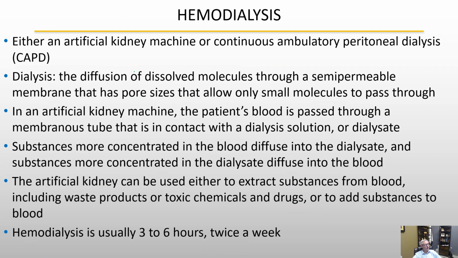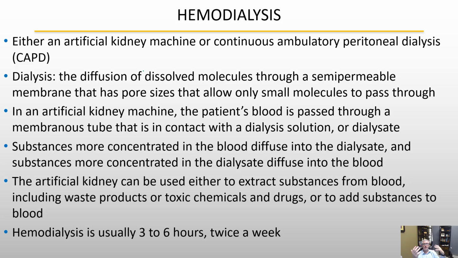So now, let's say your kidneys are so damaged that they can't function anymore, they can't filter, they can't clean your blood like they're supposed to, because remember, kidneys clean blood and kidneys produce urine. So let's say your kidneys can't clean the blood anymore and can't produce urine anymore.